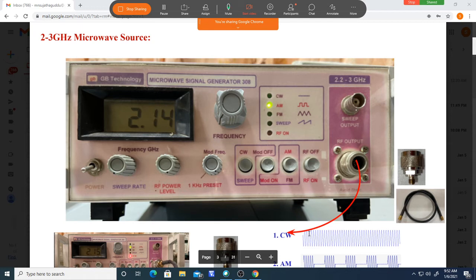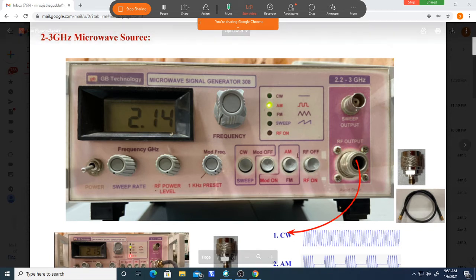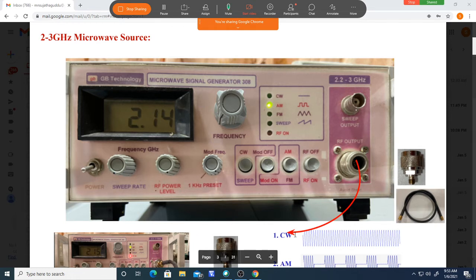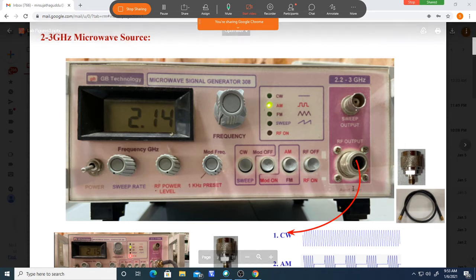Power you may get from here, but there are 3 or 4 such equipments. You cannot expect the same maximum output or minimum output from all, because it varies practically. One may give a maximum of 0 dB or 20 dB, but another may be giving only a maximum of minus 30 dB itself.